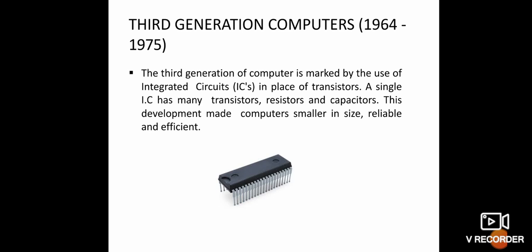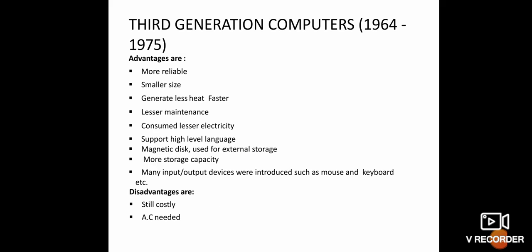Now we are going to see the advantages and the disadvantages. It was more reliable, it was smaller in size, it generated less heat and it was much faster. It required very less maintenance, it consumed less electricity, and it supported high level language.